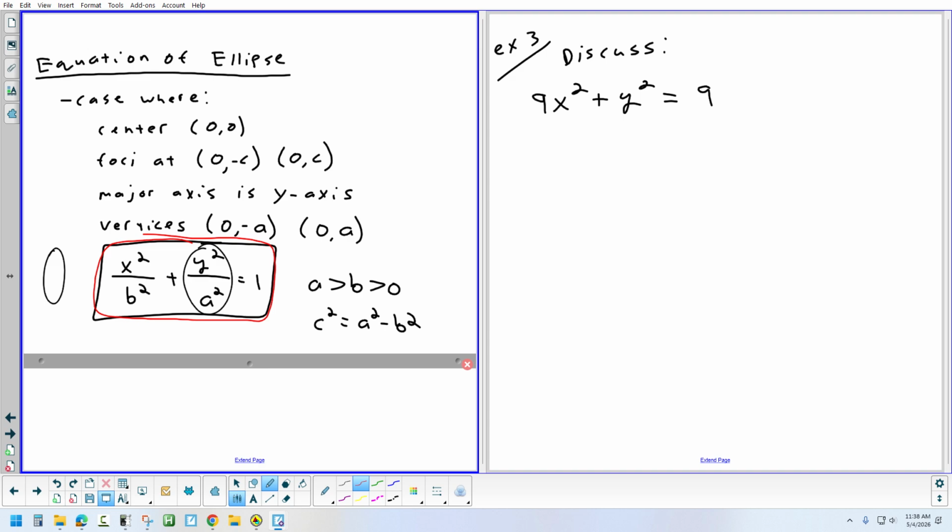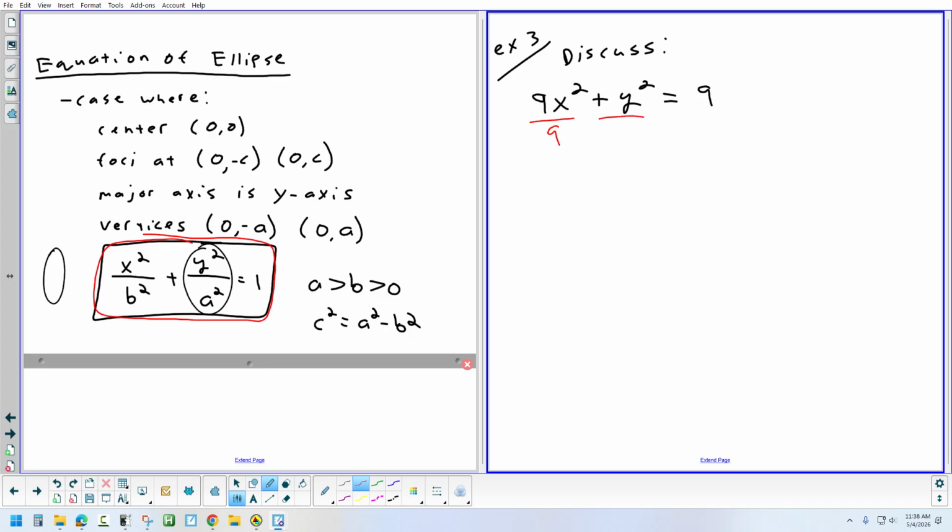How are we going to make that equation equal 1? Divide by 9 on both sides. Yep, I'm going to divide everything by 9. So that's going to give us, and I do want to leave a denominator, even if it's a 1, just to mentally help us remember there is a denominator.